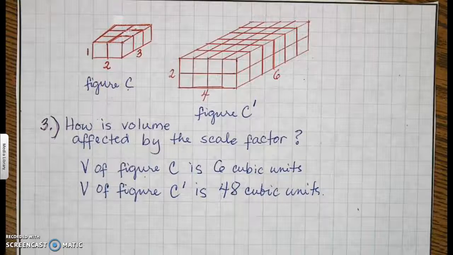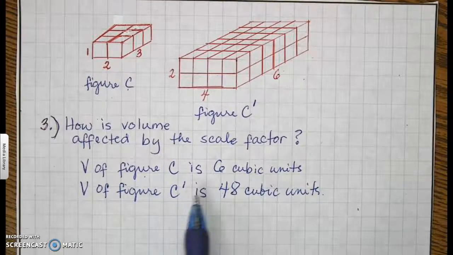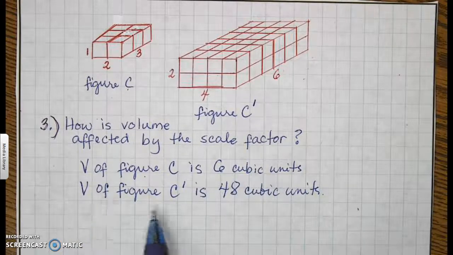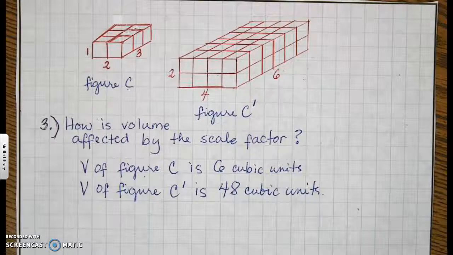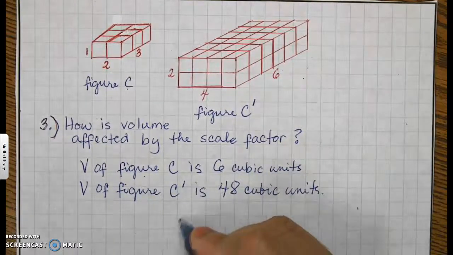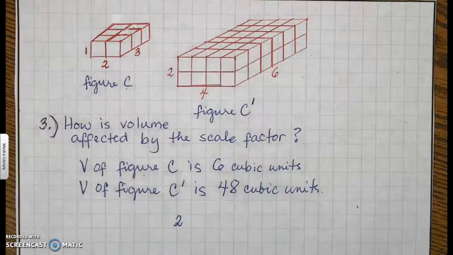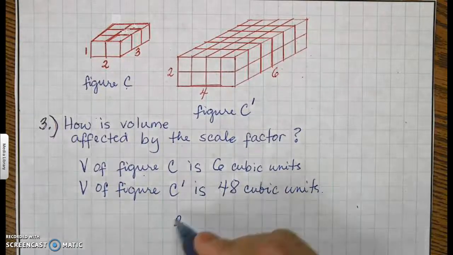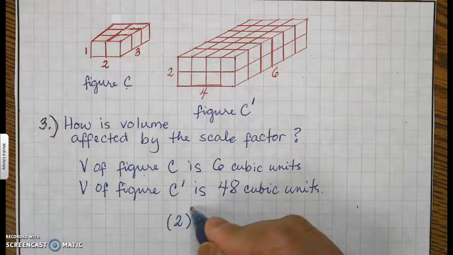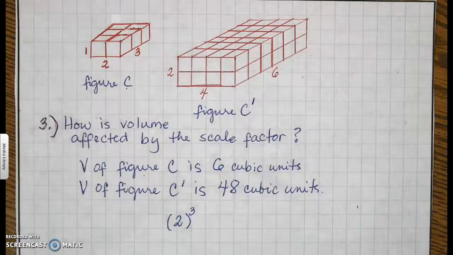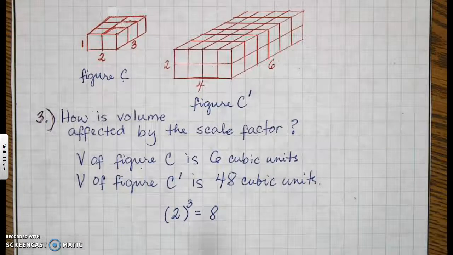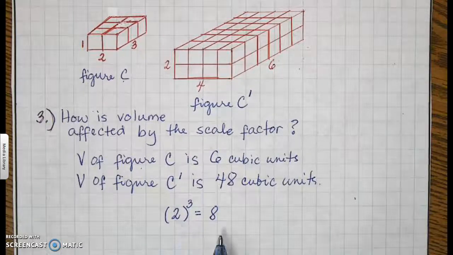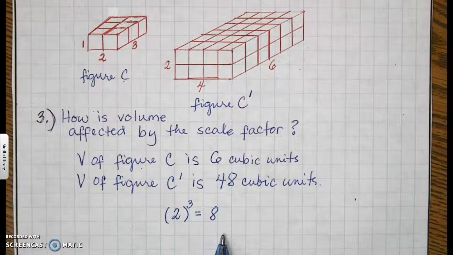So let's examine this. The volume of figure C is 6 cubic units. The volume of figure C prime is 48 cubic units. So what happened? What you did was you took your scale factor of 2, and since this is now volume, you have cubed it, meaning to say this is now going to be an 8, because 2 times 2 times 2 is 8. So let's examine.